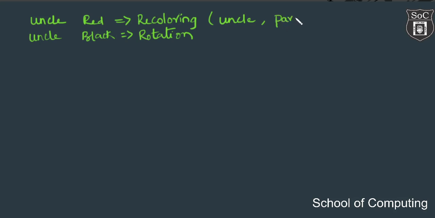Recolor the parent node, and recolor the grandparent also. So please remember, when we are recoloring, we have to recolor three nodes: the uncle itself, parent and grandparent.